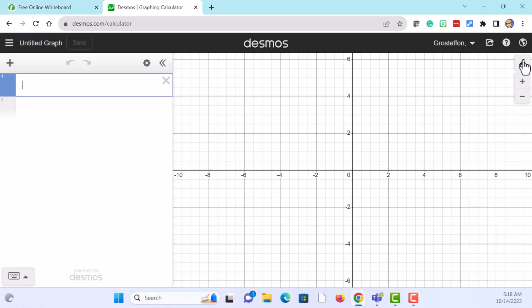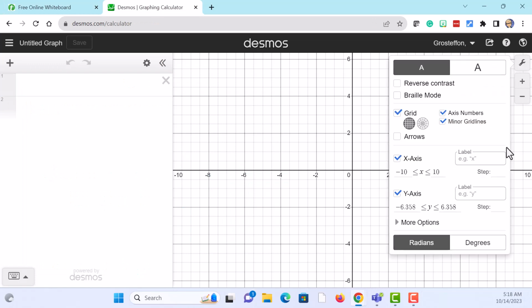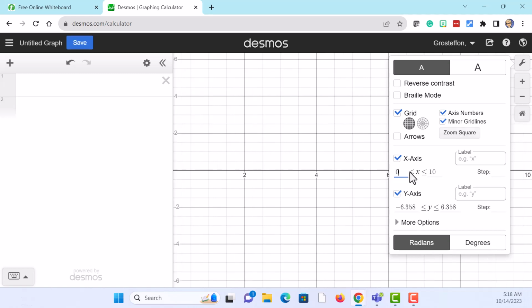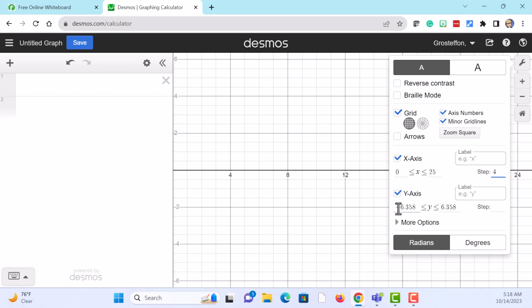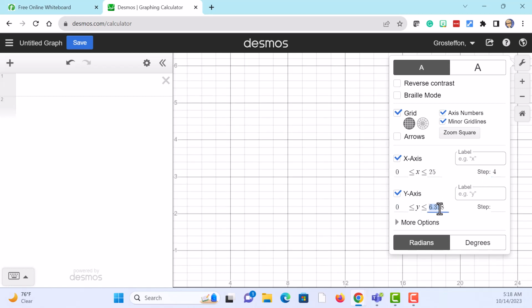Our first step is to go to Graph Settings, make sure that we're in radian mode, and then adjust our x-axis settings to 0 to 25. I'm going to use a step of 4 to match our grid. And for our y-axis, we're going from 0 to 6.